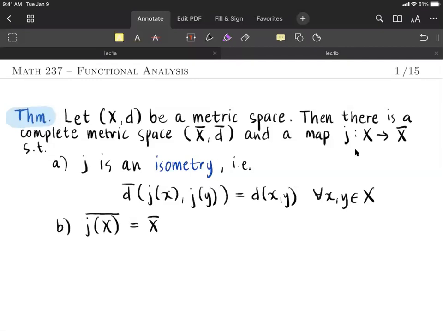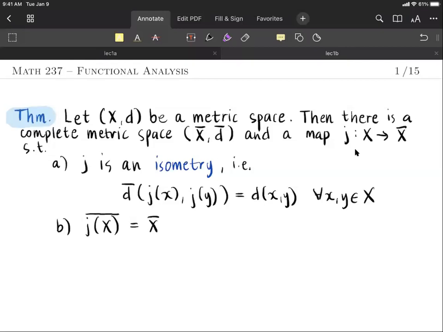So consider a metric space (X, d). Then we can find a complete metric space (X bar, d bar) and a map J from X to X bar, wherein this J satisfies the following properties A and B.